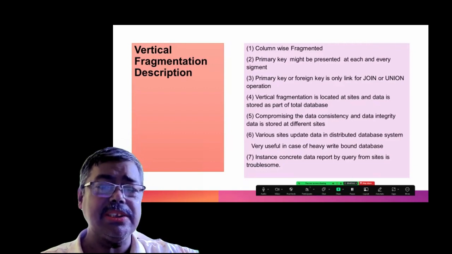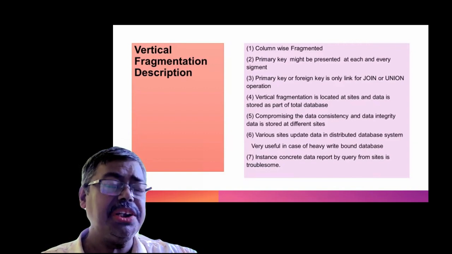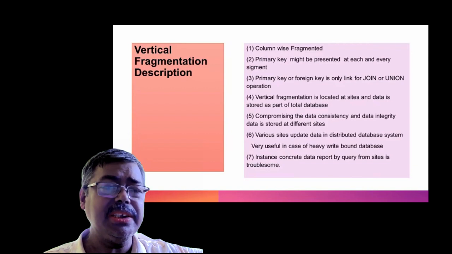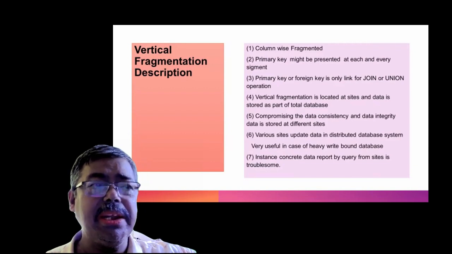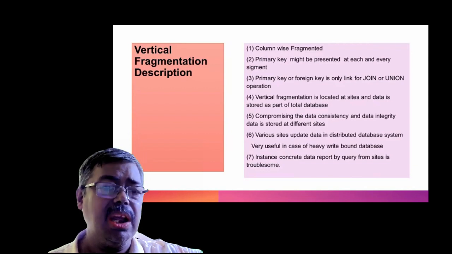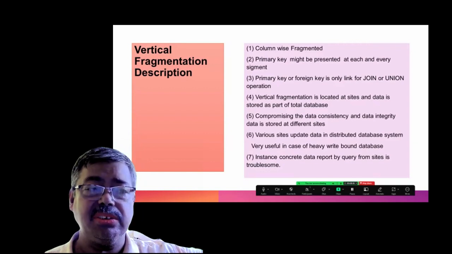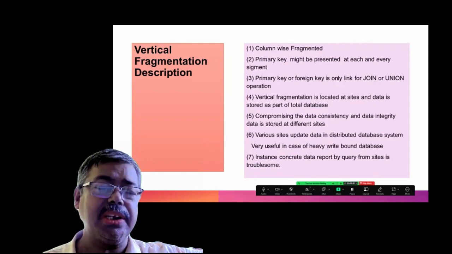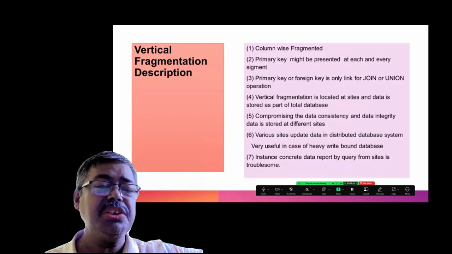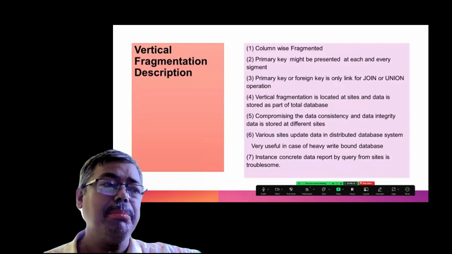In a write-down database, the write facility is the priority, and read is lower priority. Reading a specific item is very troublesome, so we have to compromise on consistency and integrity. Various sites update data in a distributed system. It is very useful in a heavy write-bound database. Instant concrete data reports by query from sites are very time consuming.